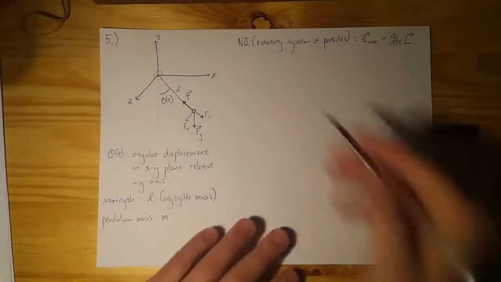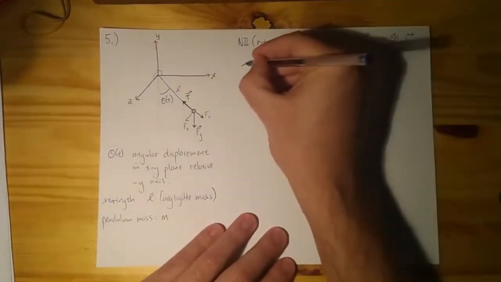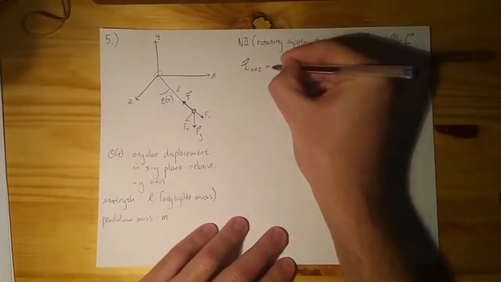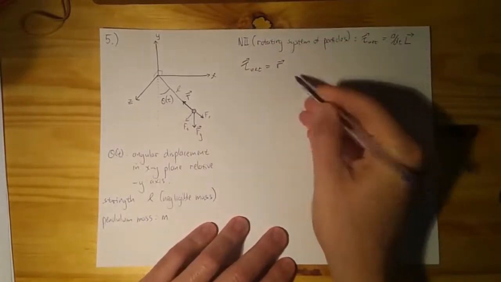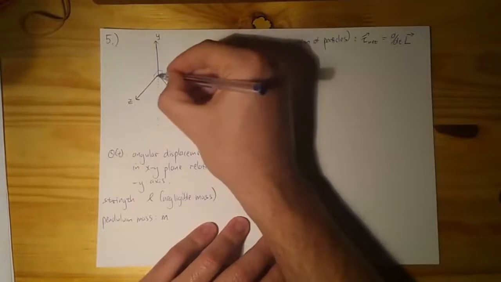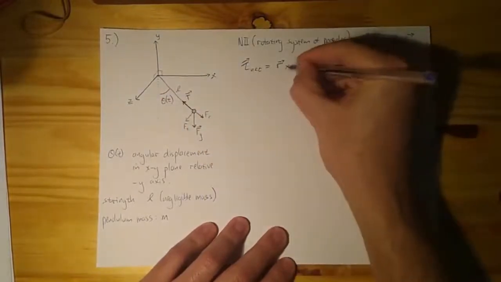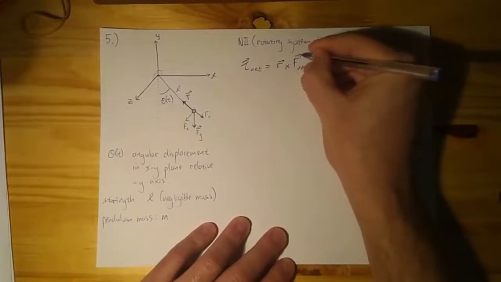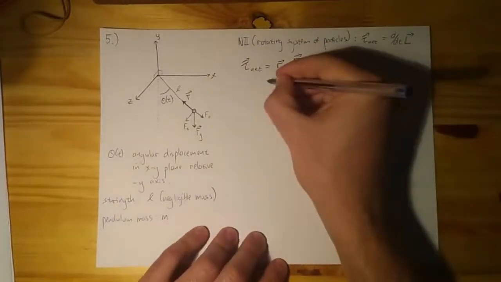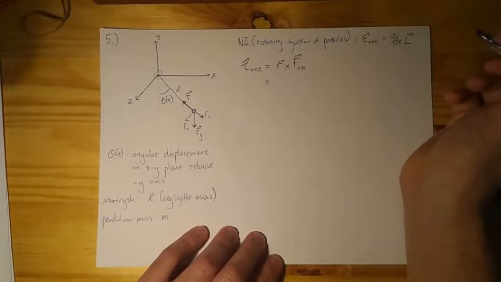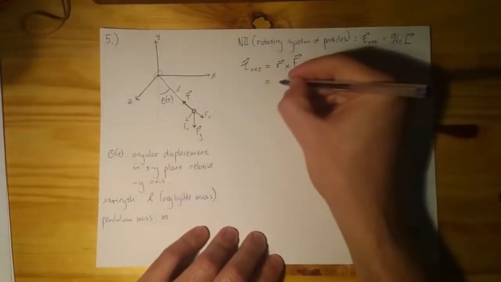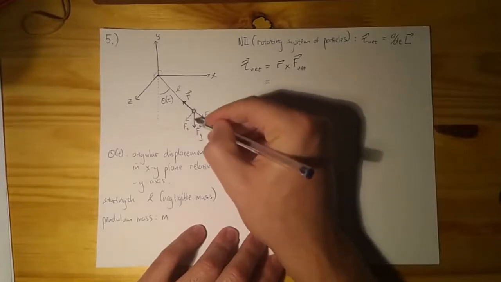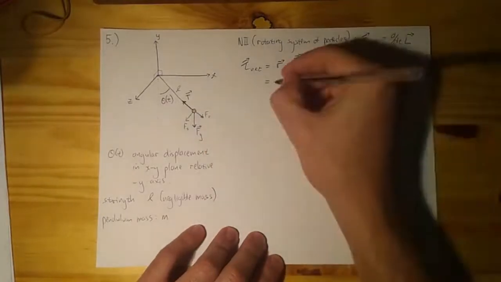I want to start with the net torque. So let's see what that is. The net torque is vector R connecting the origin with the pendulum, cross product with the net force on it. Good. Okay. And what is that equal to? So the net force on the pendulum is just the sum of the tension in the rope on it and the gravitational force.